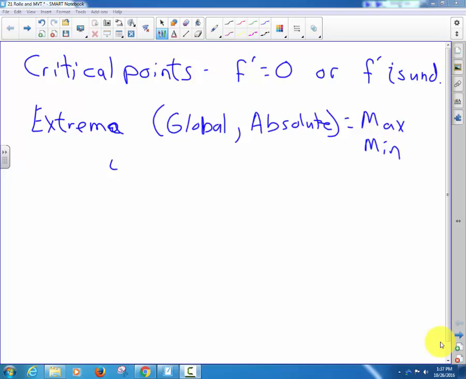So to have extremes, one thing that we're looking for is continuous. If something's continuous, does it have to have extremes? Yes, it does. It has to have a max and min if it's continuous.